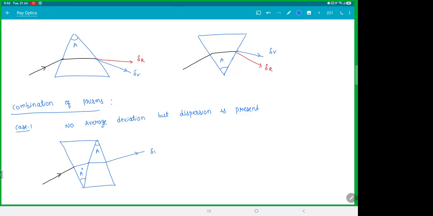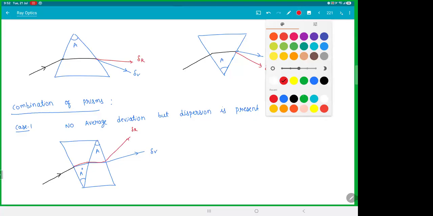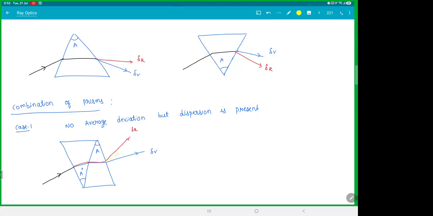So this will be your violet. This will be your red.